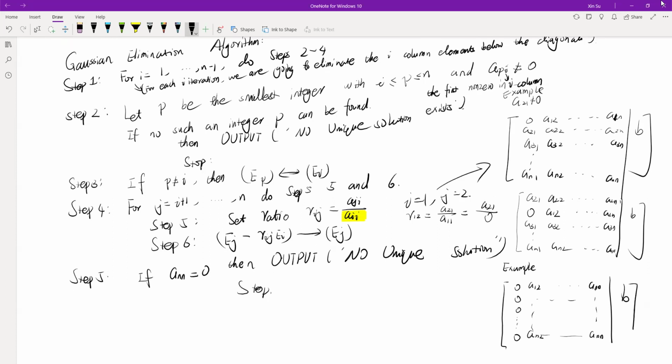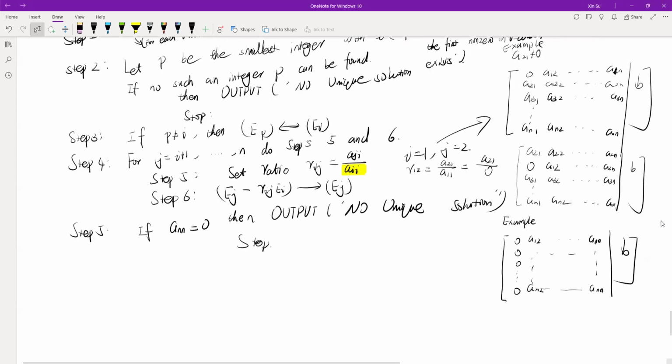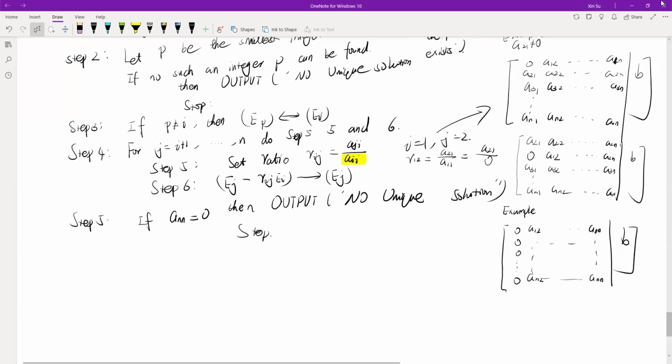So it's obvious that the matrix A is singular, and hence no unique solution.